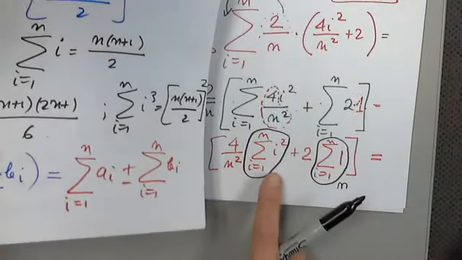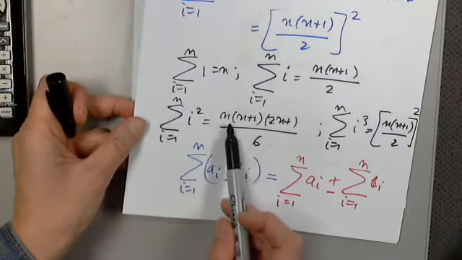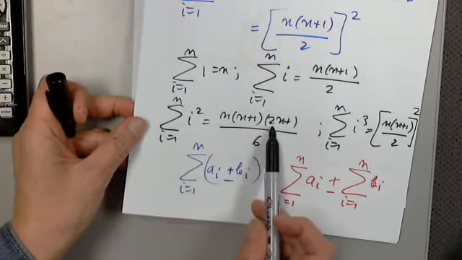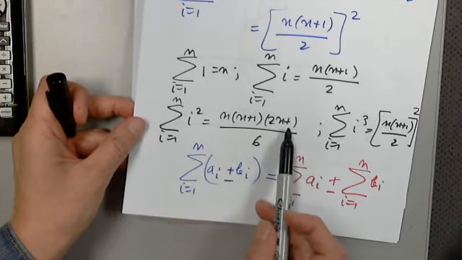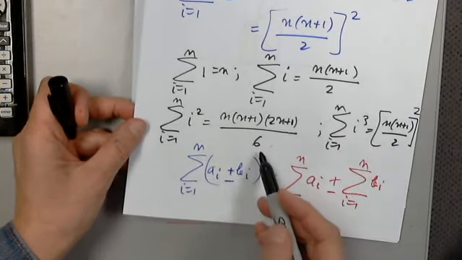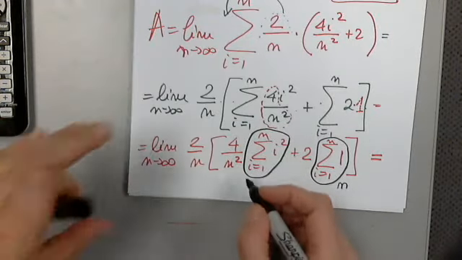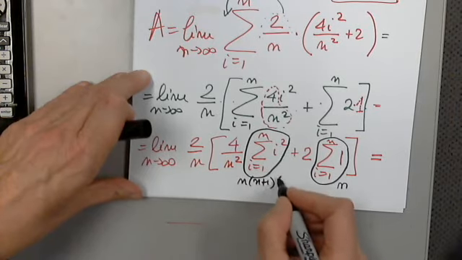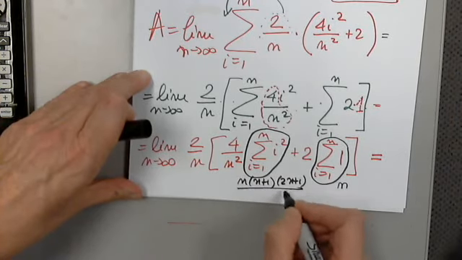What do I replace this by? In parentheses n plus 1, this one. Okay. So this is n plus 1 times 2n plus 1 over 6.